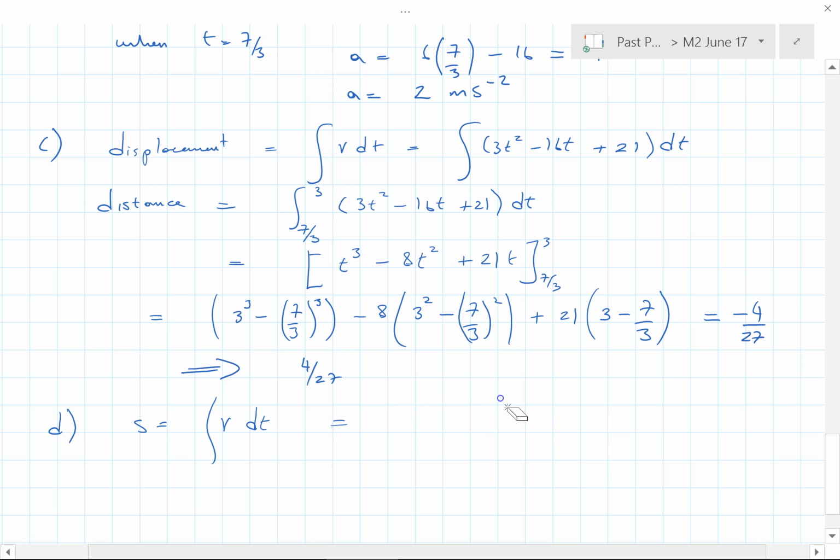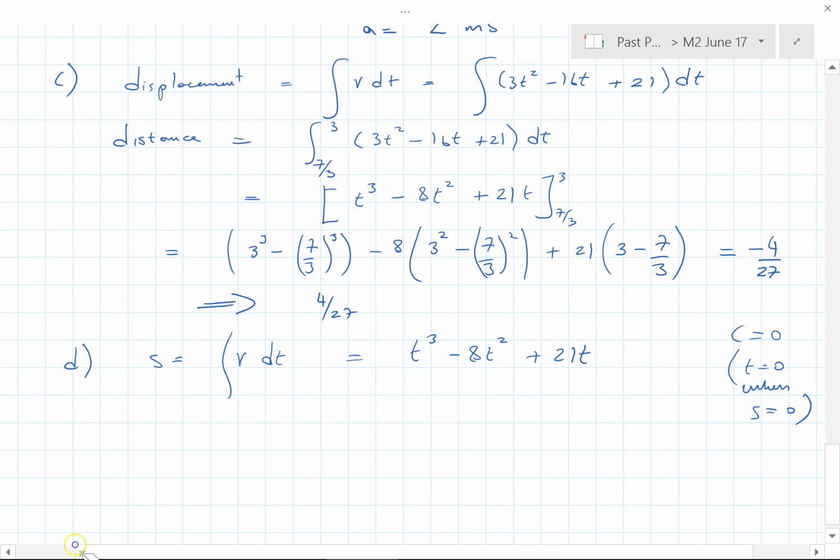No, that's wrong. We're integrating this, so we get t cubed minus 8t squared plus 21t plus c, but c equals 0 because t equals 0 when s equals 0. So we can skip that here because it's clearly starting at the origin. So there's no c here.